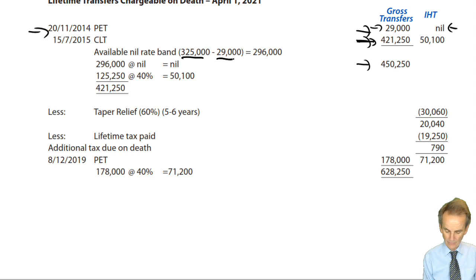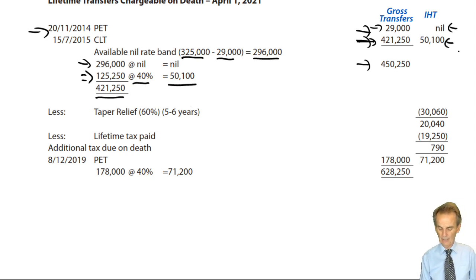From the 325, you've used 29, that leaves 296. 296 is at nil. 296 out of 421,250, that leaves £125,250, therefore, and that will be taxed at 40%. That, all being well, comes to 50,100, and there is your tax figure now to include.